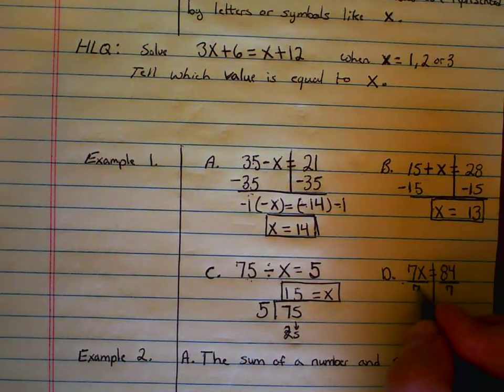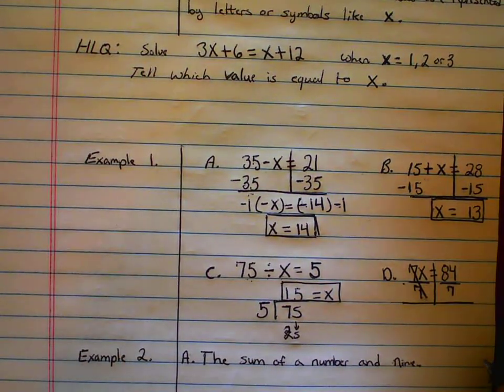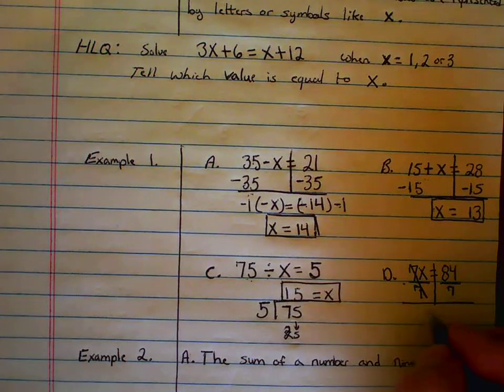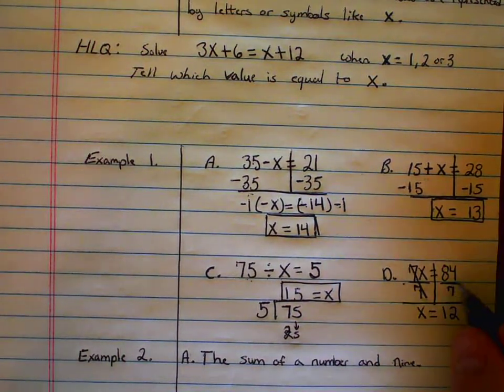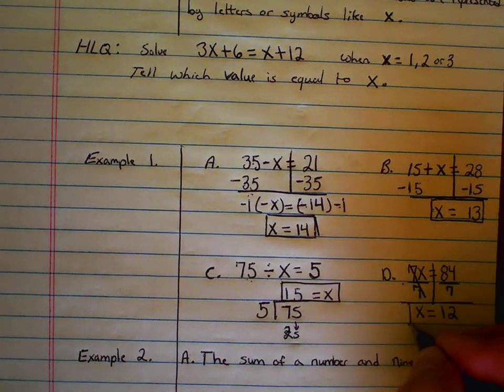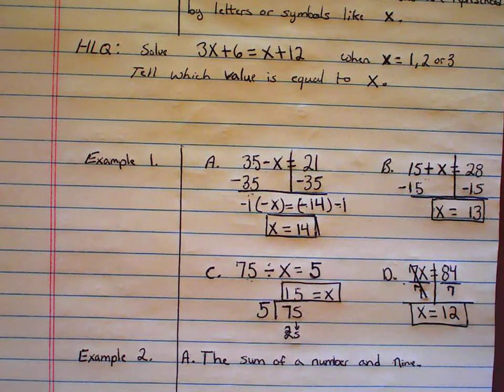Now 7 goes into 7 just one time, so I can cancel these out, and all I'm left with is 1x. Whereas 7 goes into 84 12 times. Alright? If you want to come down and work that out, put 84 in the house and divide by 7, you'll still get 12. Okay? So these are the basic 3 types of single step problems that you'll have to deal with.